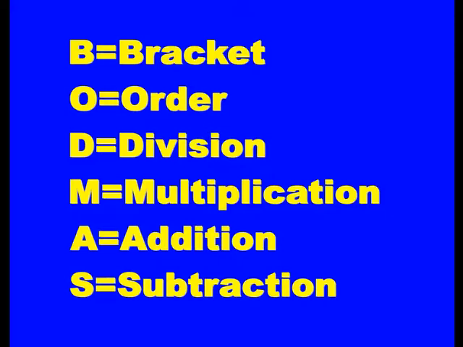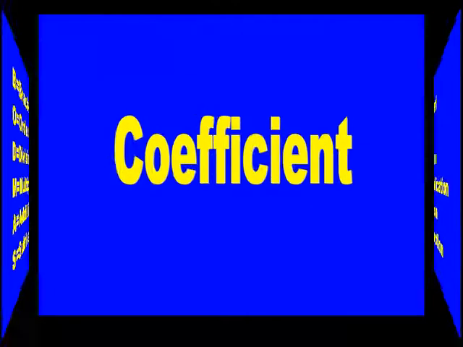Specifically, order refers to operations like power or exponents or square roots. D is division. M stands for multiplication. A stands for addition. S stands for subtraction. So this is the order of carrying out mathematical operations.